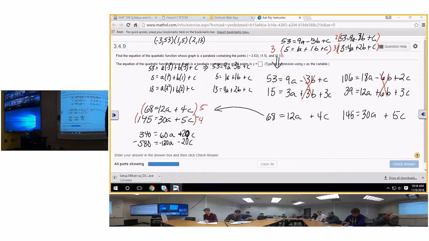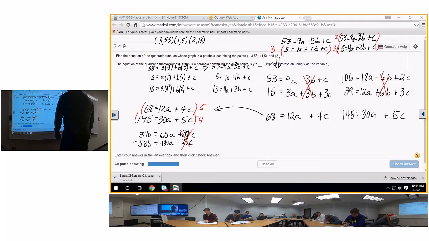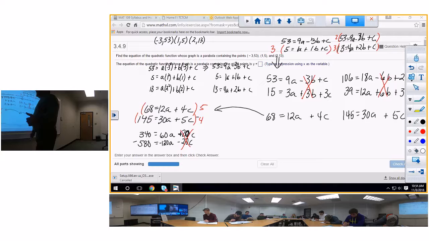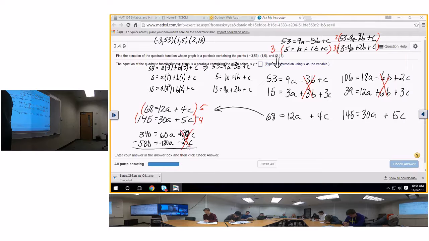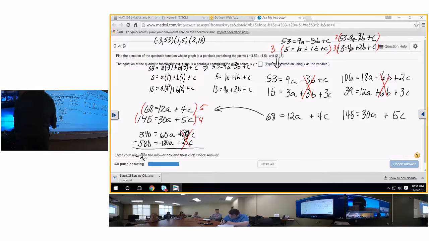And of course that 20C will go out. And that leaves me with, somebody take 340 minus 580. 240. Negative 240 is equal to 60 minus 120.